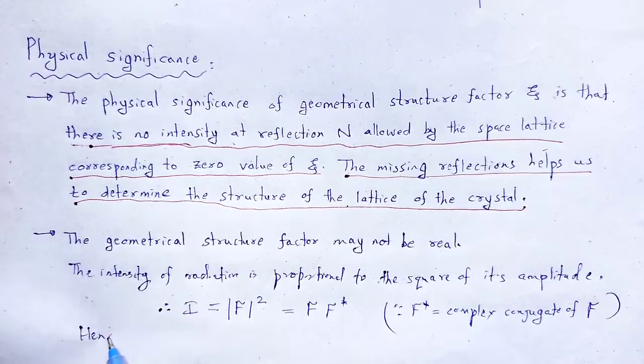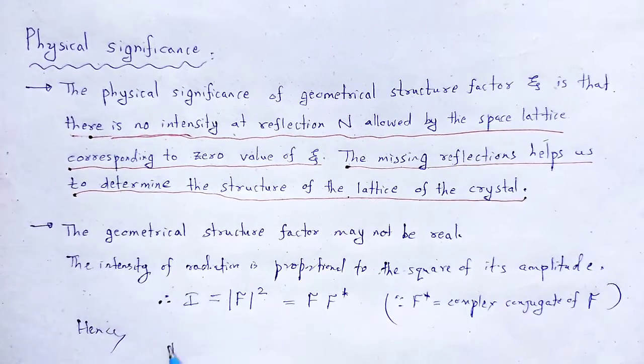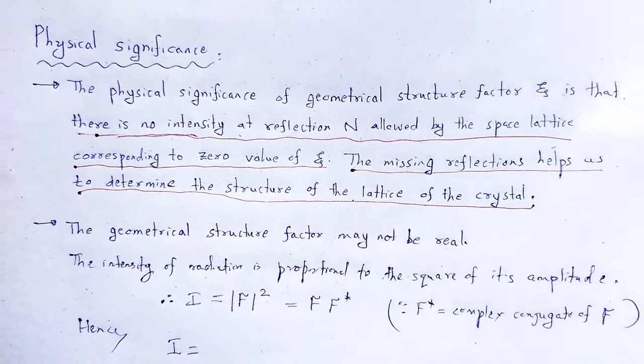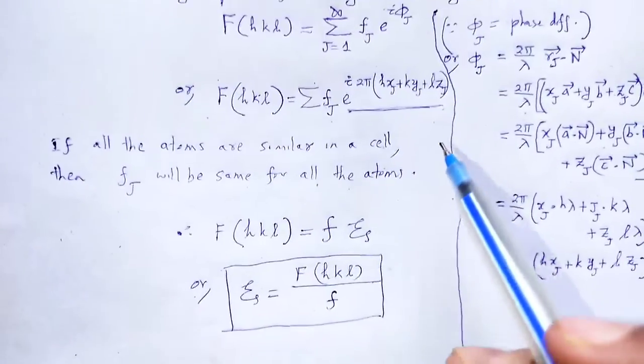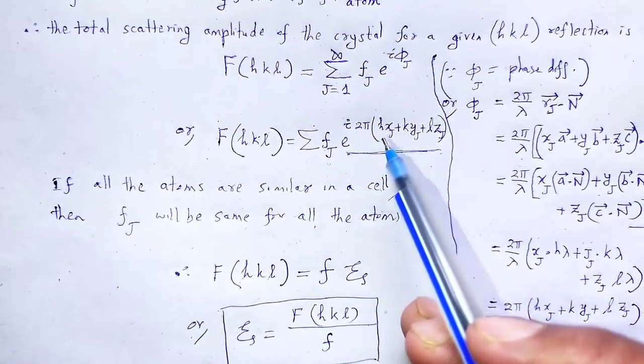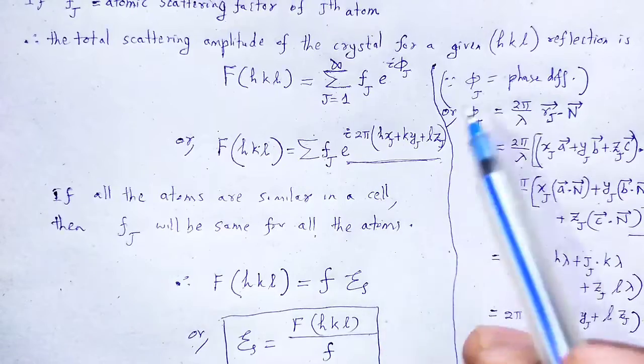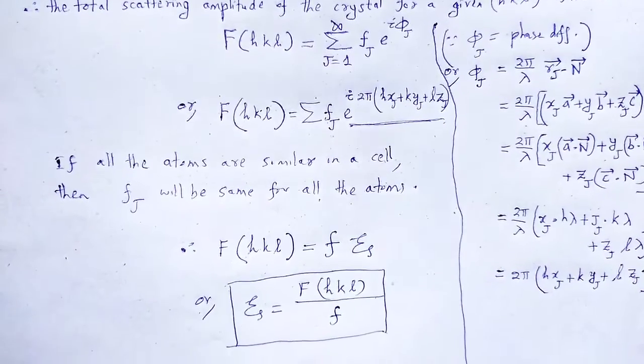Hence, look at that expression: e to the power i theta is cos theta plus i sin theta.